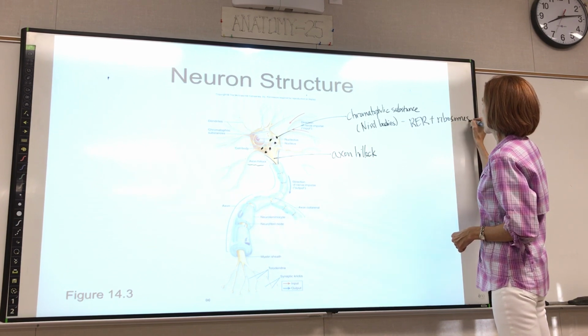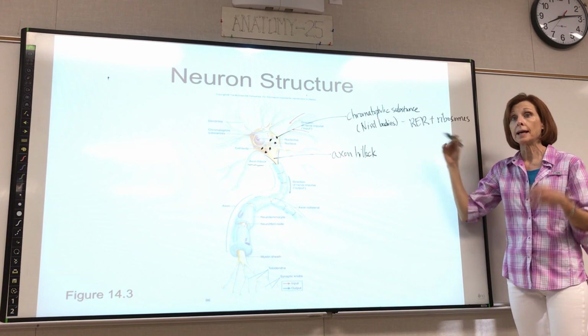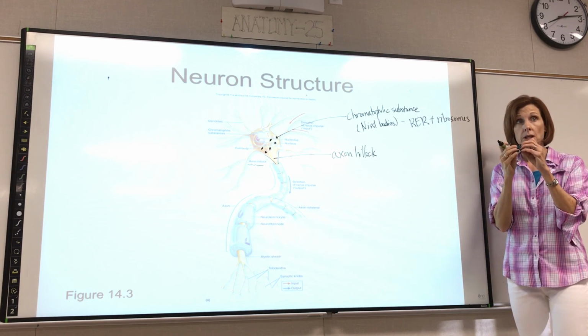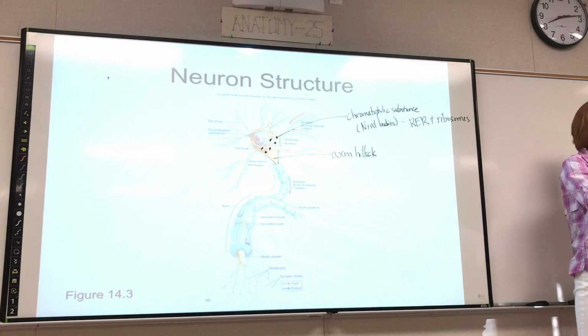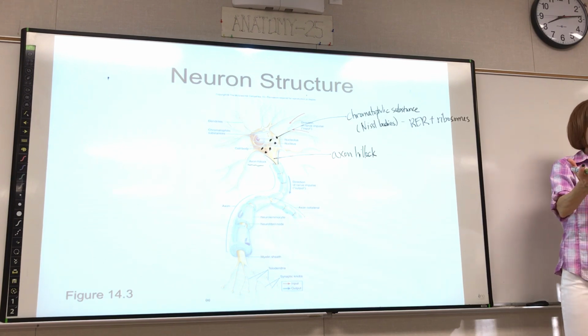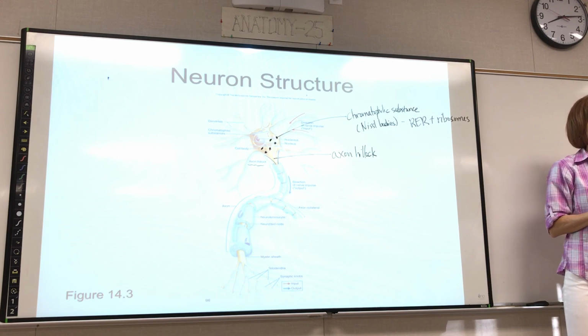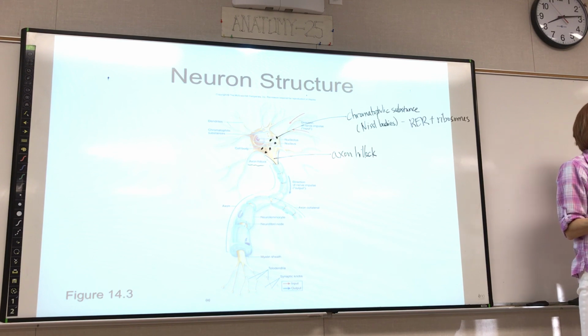So you guys know that rough ER has ribosomes attached, right? So neurons have a bunch of ribosomes. What do ribosomes do? You guys remember, I know you do. Protein synthesis, right? It's the site of protein synthesis.